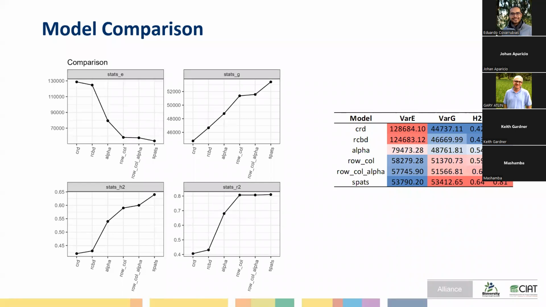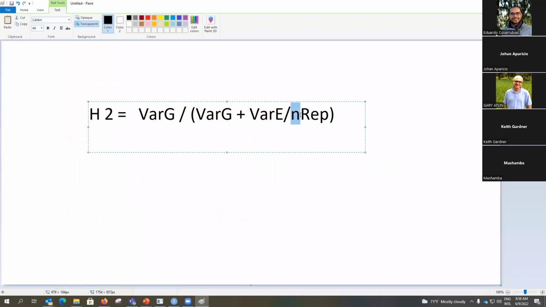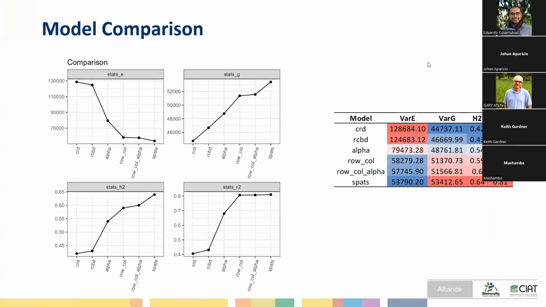So we increase the relative size of the genetic signal to the noise that's left. And that also happens as you increase the number of replicates. Exactly, that's a good point. Good, thank you.